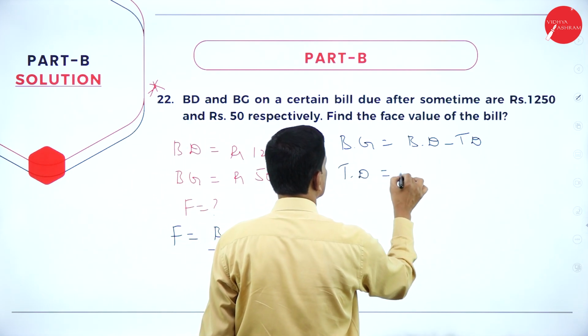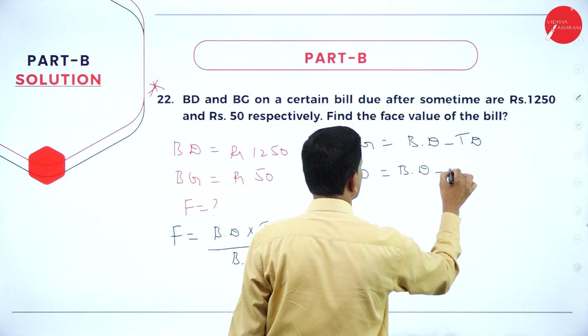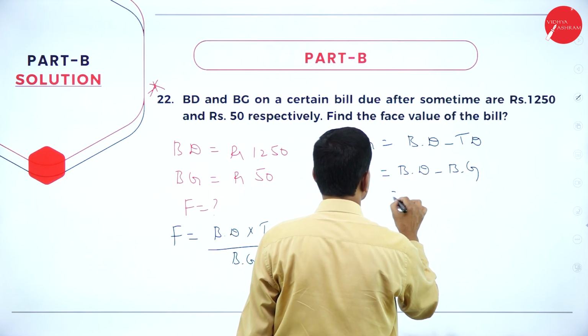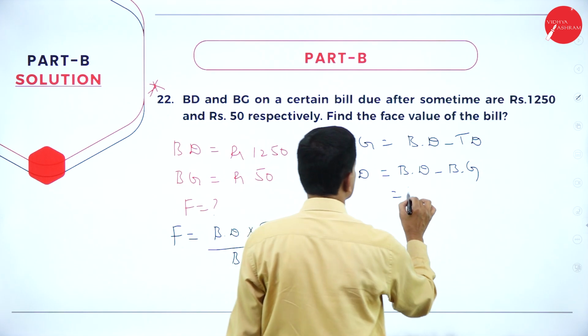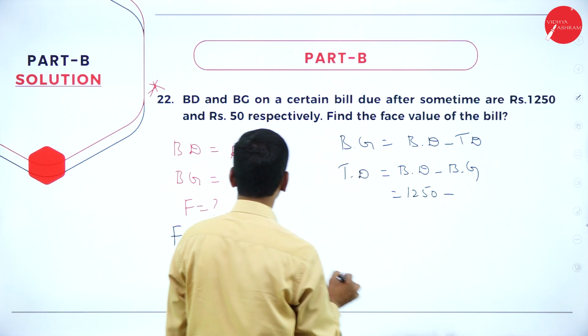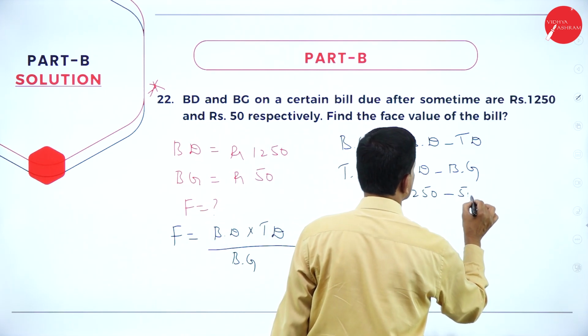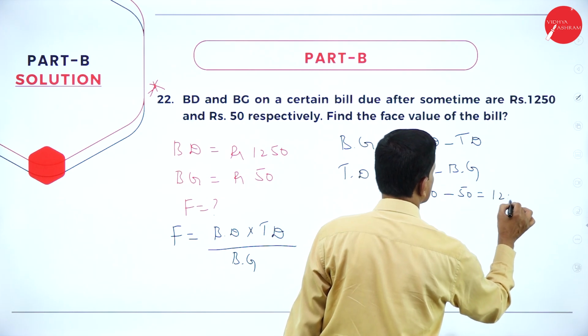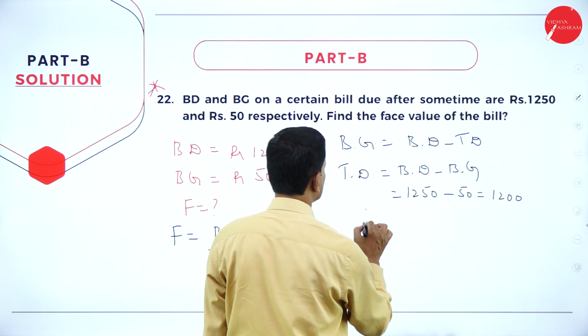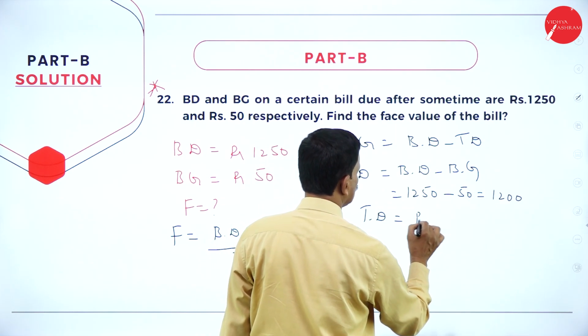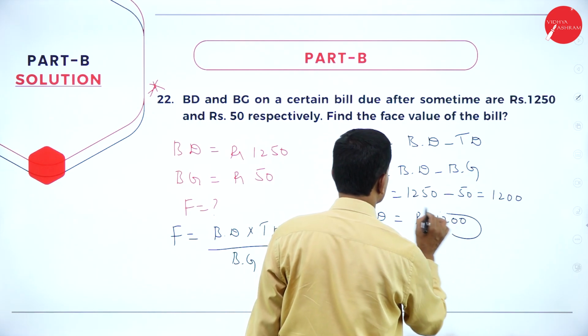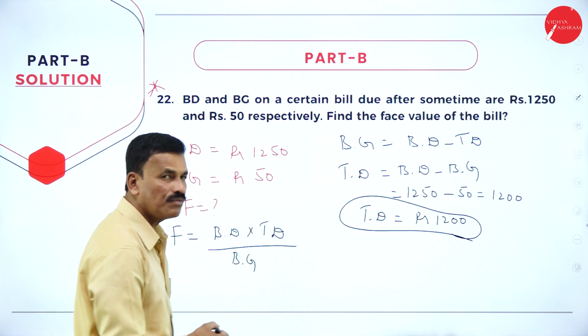True discount is equal to banker's discount minus banker's gain. Banker's discount is 1250, banker's gain is rupees 50. So 1250 minus 50 is 1200. So true discount is equal to rupees 1200.